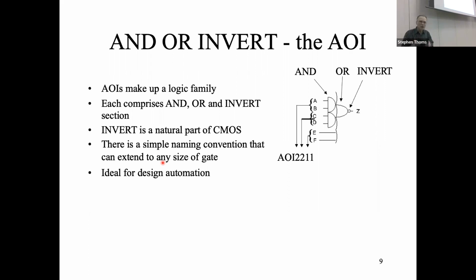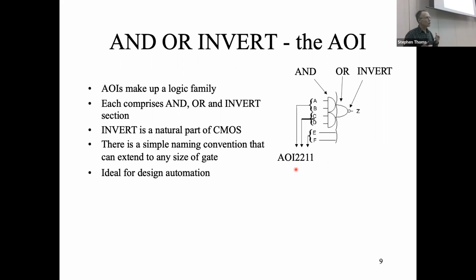Okay, so just looking at the AOI here, what it basically means is you've got a series of AND gates, one between A and B, one between C and D. They're ANDed together, and then they're ORed with, well, the output of A and B, C and D goes into the OR. And then you have other inputs into the OR, so just E and F, which weren't ANDed with anything. And that's called AOI 2211.